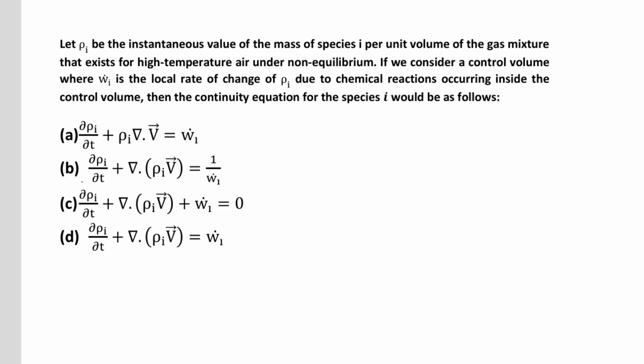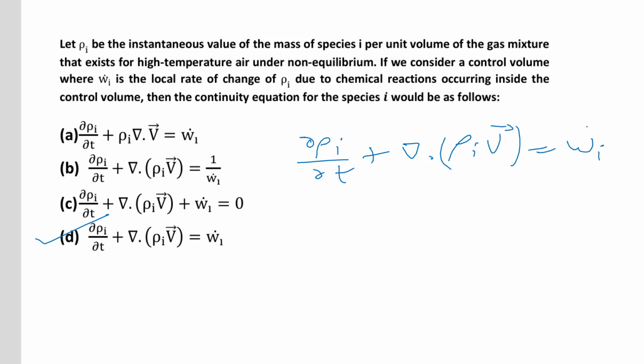So we have to pick the species continuity equation. So which one will be the correct equation? The correct equation is option D, which says dou rho i upon dou t plus del dot rho i v vector equal to w i dot.